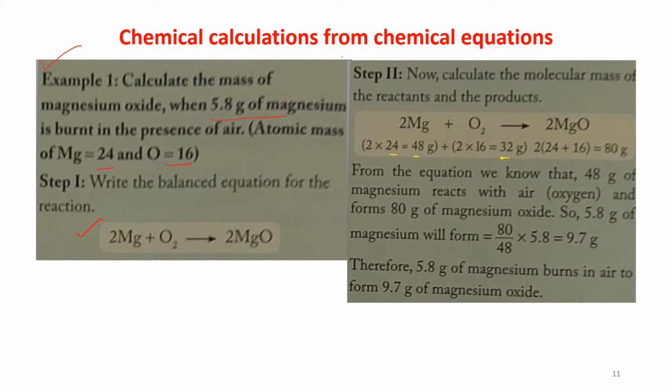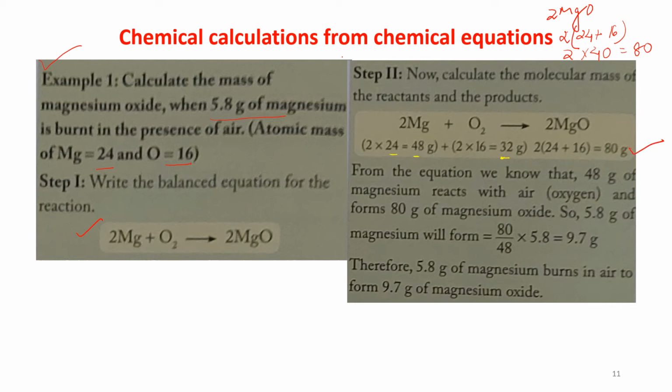And you have to find out the molecular mass of 2 MgO. 2 MgO can be written as 2 bracket, magnesium is 24, 1 atom of magnesium plus 1 atom of oxygen, that is 16, which is equal to 2 into 40, so that is 80. You see here, 80 gram of magnesium oxide.